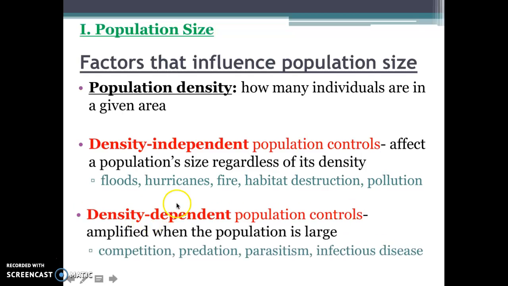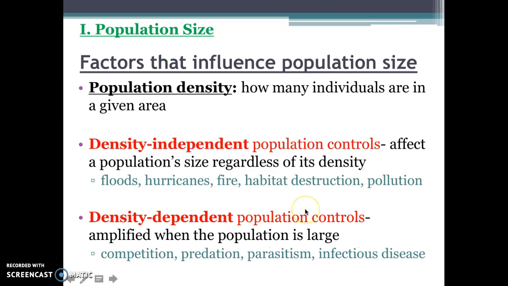The opposite of that obviously would be density dependent. That is dependent on how dense these species are living in proximity to each other. For example, down here, infectious disease, if these organisms are living really densely populated, packed together, and some kind of infectious disease breaks out, it's going to wipe through that population as opposed to if they were more spread out.